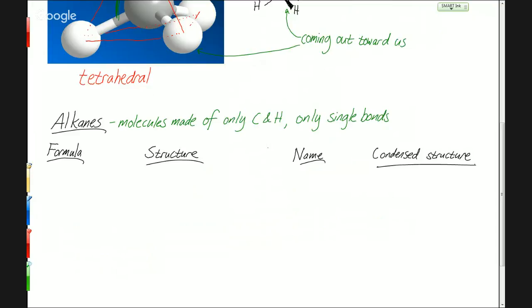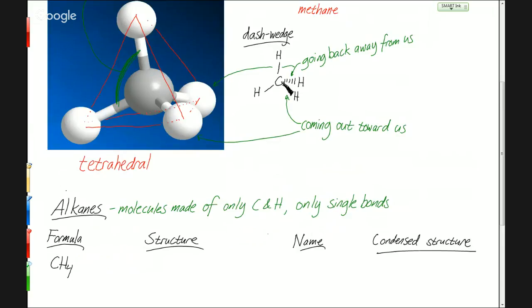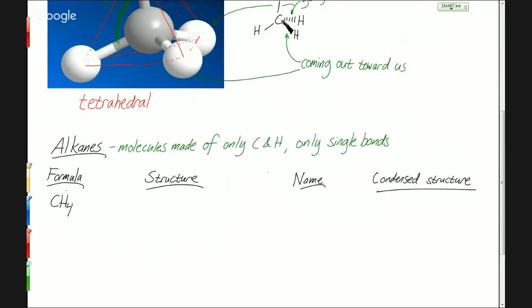All right. So we'll start with our simplest, smallest alkane of all, which we've already talked a little bit about, and it's methane. CH4. And its structure, as we know, is this one up here. But we can also write it, for our purposes right now, as just like this.